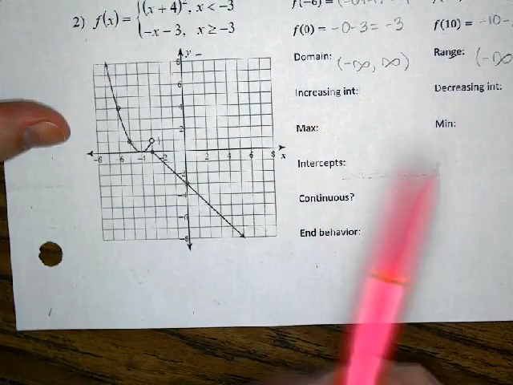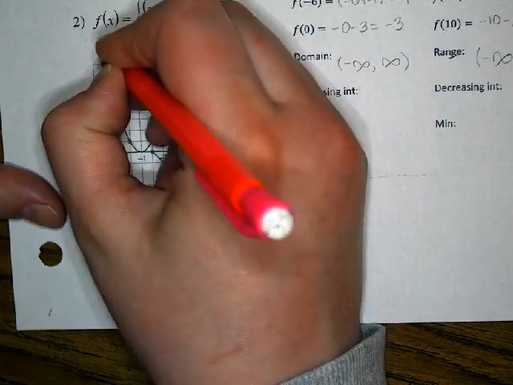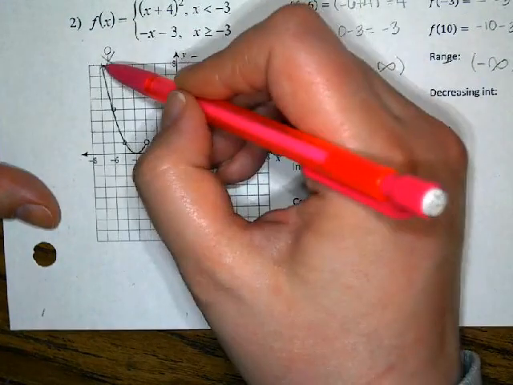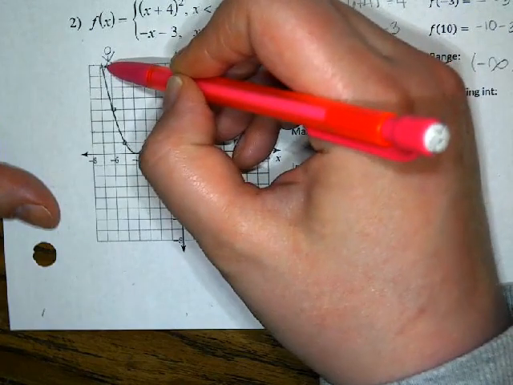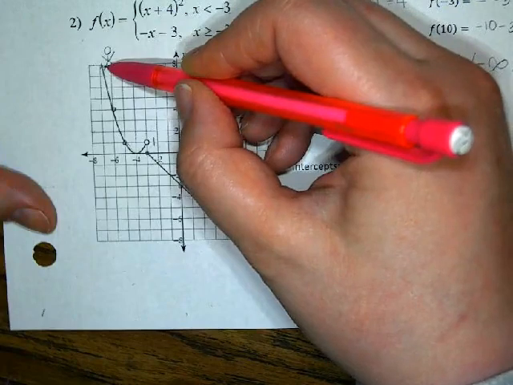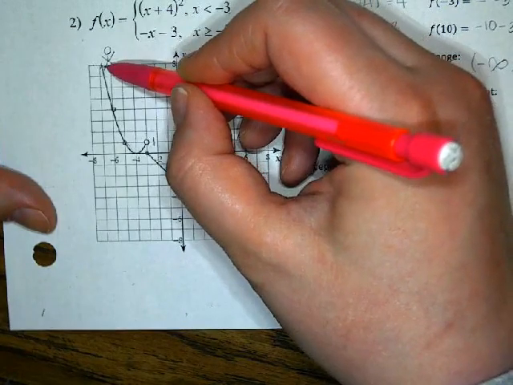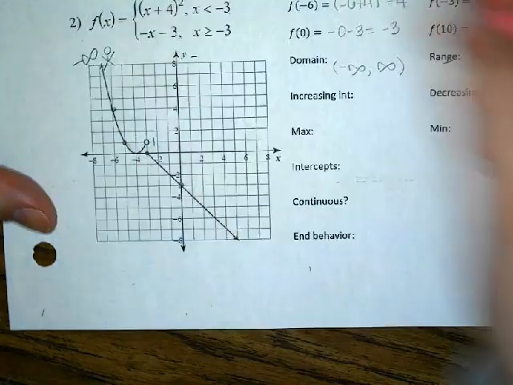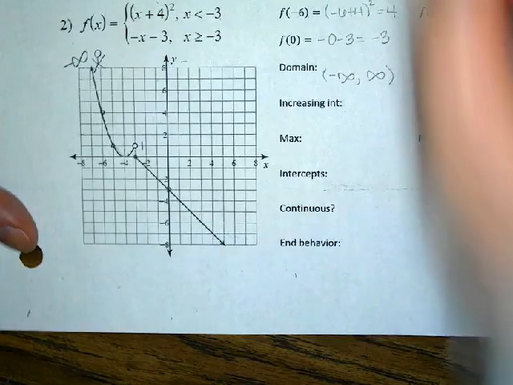I use x coordinates. So my stick figure is going to start right here. And what x value do I have? What's the x value of a left arrow? Negative infinity. And if my stick figure starts walking, is he walking downhill or uphill?